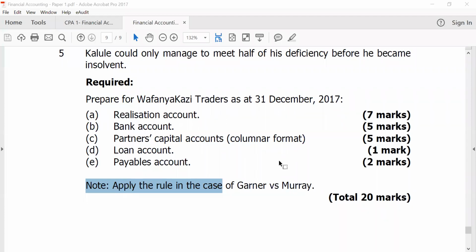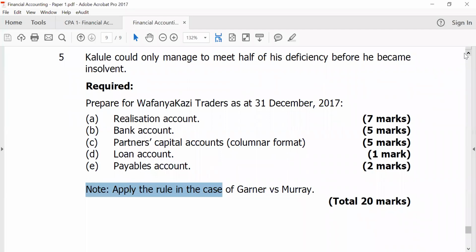Now, when you look at our question here, they are telling us that Kaole could only meet half of his deficiency. Now, the first thing, even before you proceed, is to understand what is Kaole's deficiency and why the deficiency is coming through here.